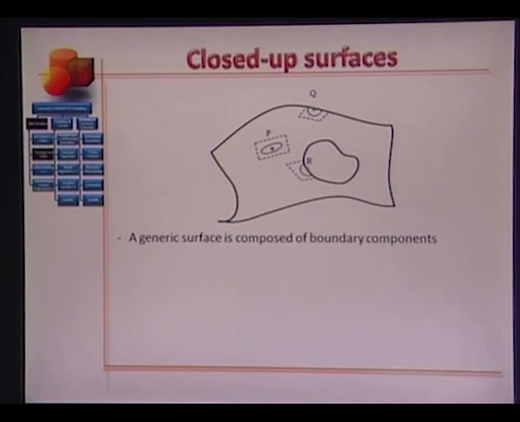Well, we all know that a generic surface may be composed of boundary components. Each boundary is homeomorphic to a circle. This is clear because you can modify, distort, bend, twist each boundary and get the shape of a circle.